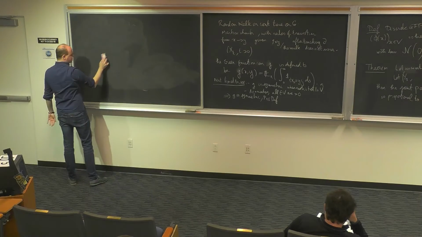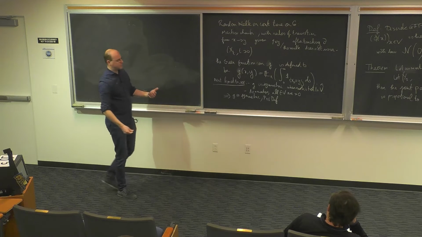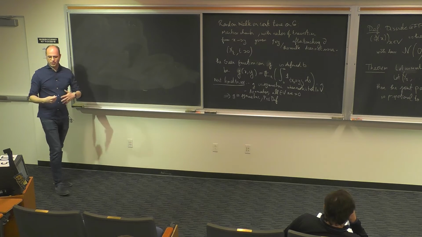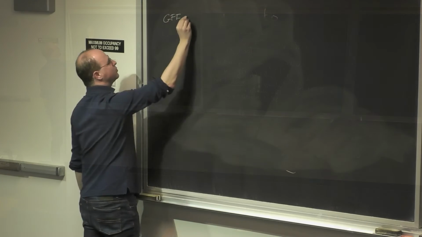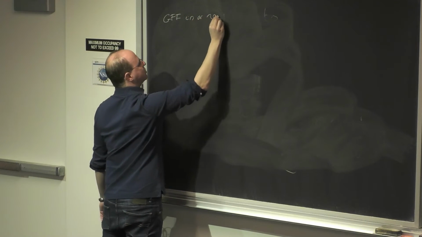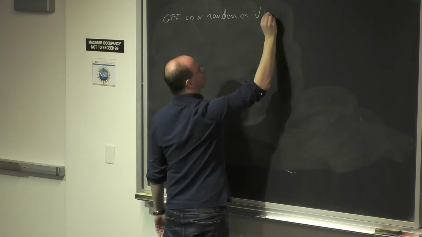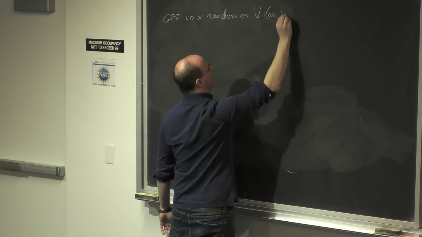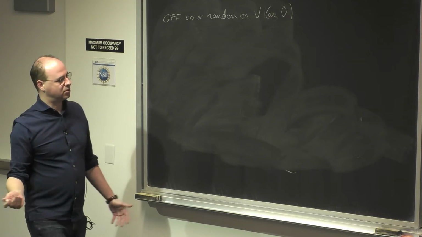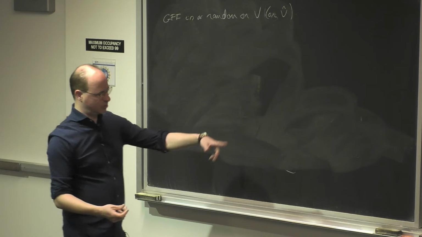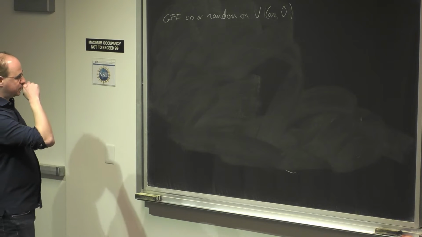So why is this formula interesting? I'll say a word about the proof in a second, but I'm not going to prove it. But why is this formula interesting? It tells us something really fundamental about the GFF. So the GFF is a random function on V or V hat. It depends a bit on your point of view. It's going to be 0 almost surely on the boundary, because the Green function is 0 on the boundary.